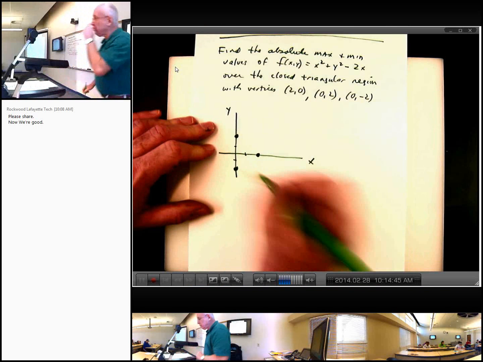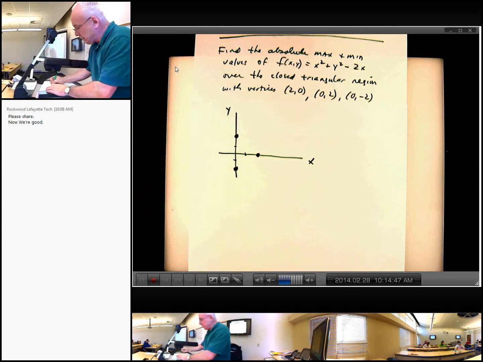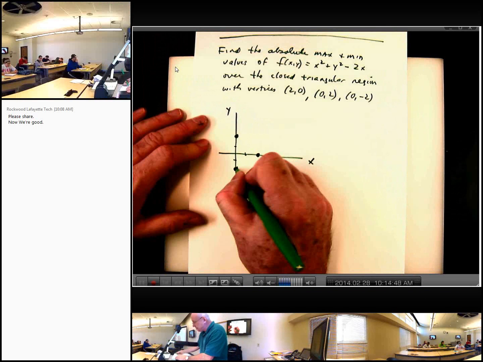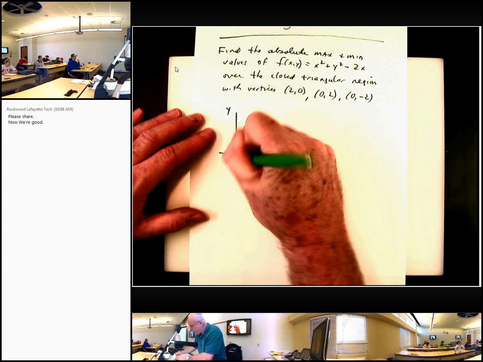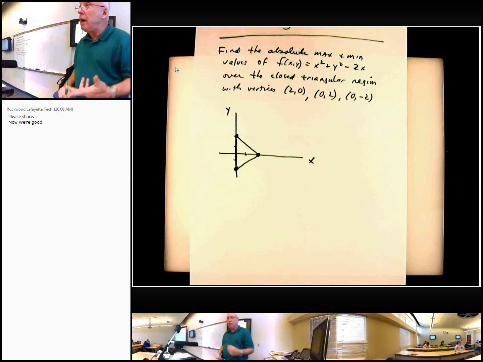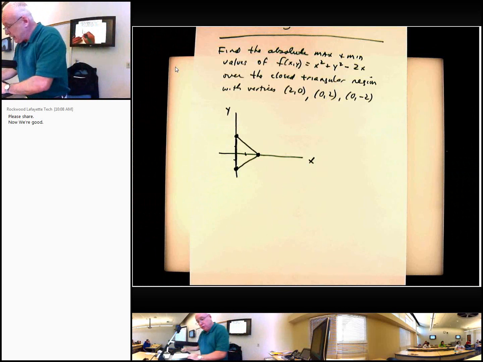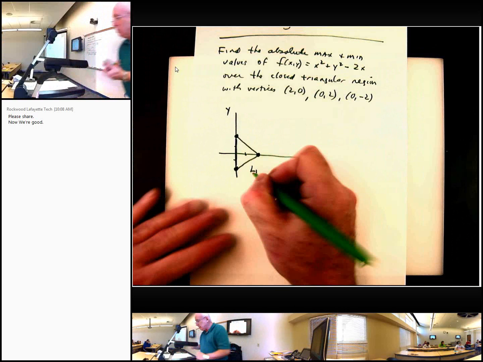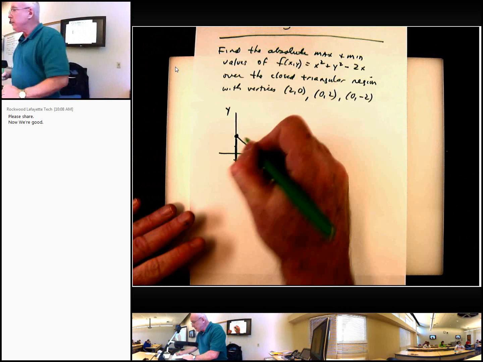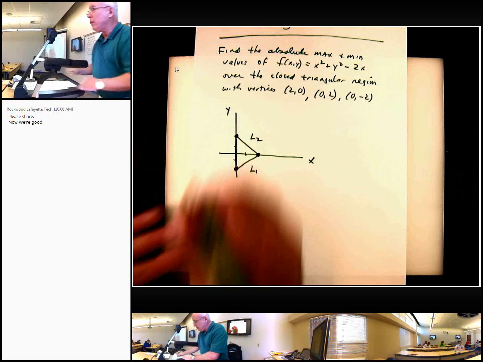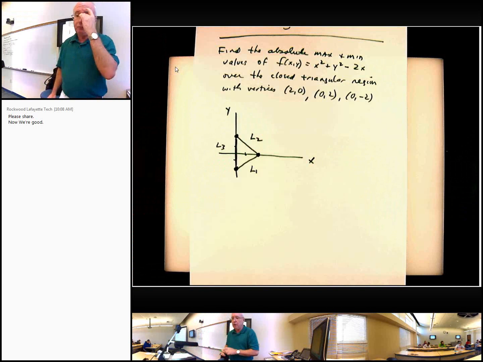So those are the three vertices of our triangle, and so let's draw the sides that connect them. And what we have, of course, are three lines. This is our boundary, and I'm going to call this lower line L1, the second one L2, and the vertical one L3.